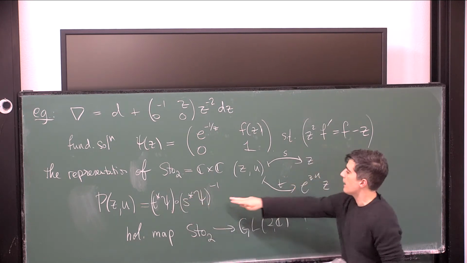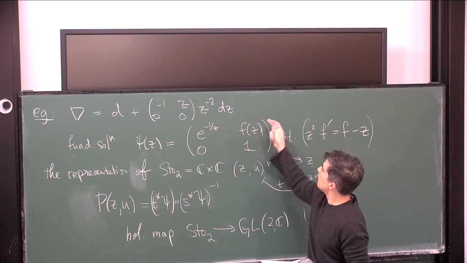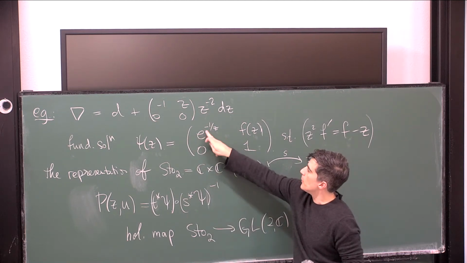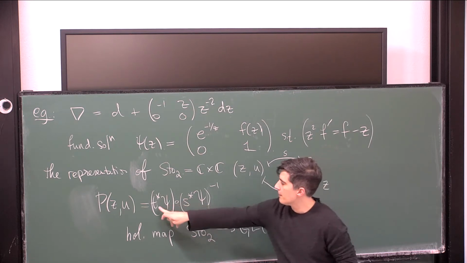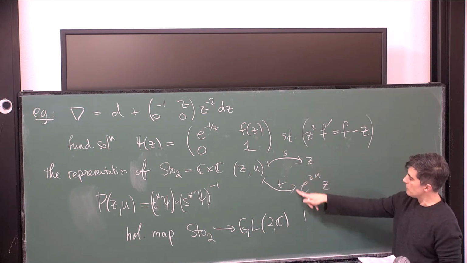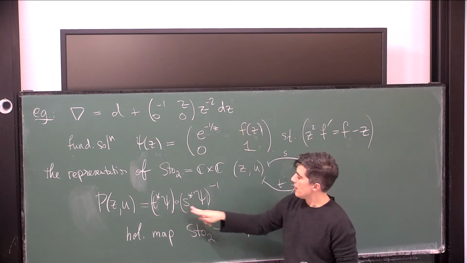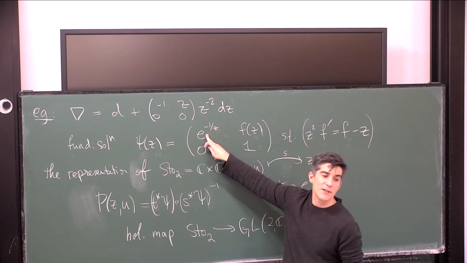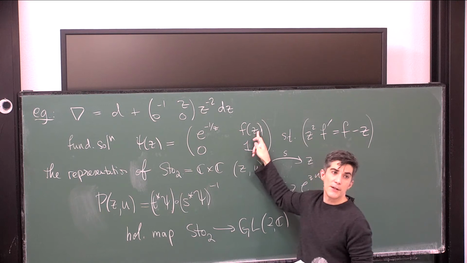If you pull this back by source, it is just Z. So you just plug Z in here and you invert this matrix, and you put it here. That will give you in this top corner e to the plus 1 over Z. Then you multiply that by the target pullback of psi, which means substituting this expression into Z. When you do this product, you'll see that this inversion makes it so that all of the singular behavior is canceled out, and also the log branch cut is canceled out.